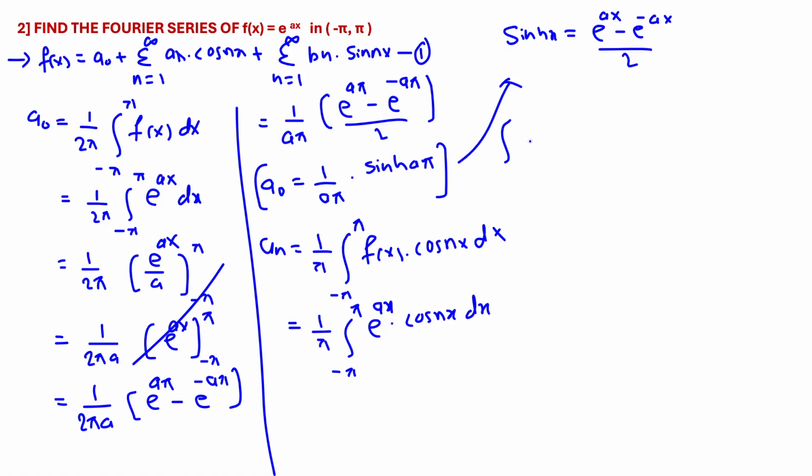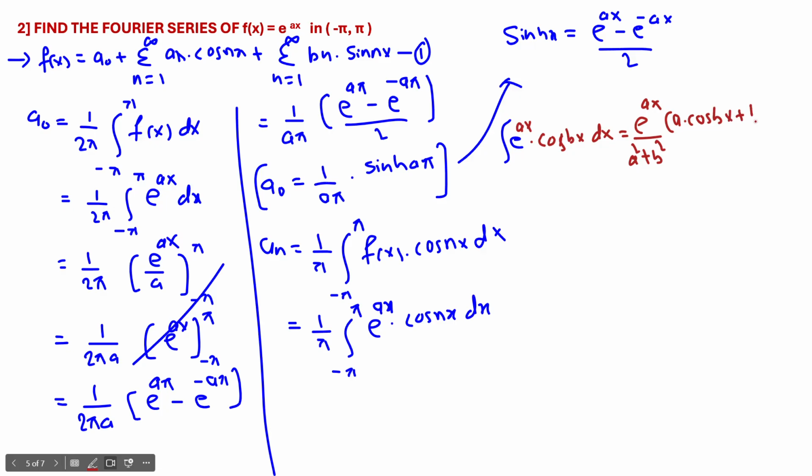So for that we have one standard formula: the integral of e raised to ax into cos bx dx is equal to e raised to ax upon a square plus b square, in bracket a cos bx plus b sin bx.